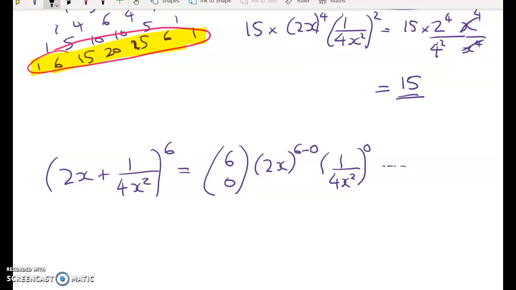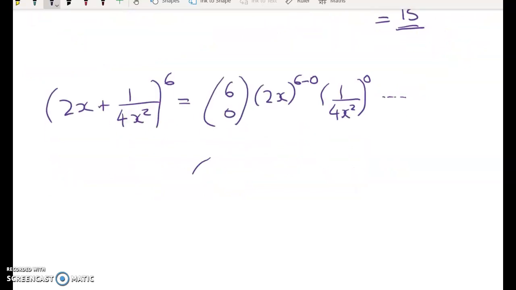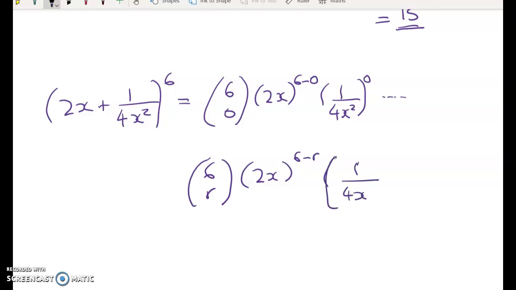In general, we can write out the term as 6 choose r times (2x)^(6-r) times (1/(4x²))^r.